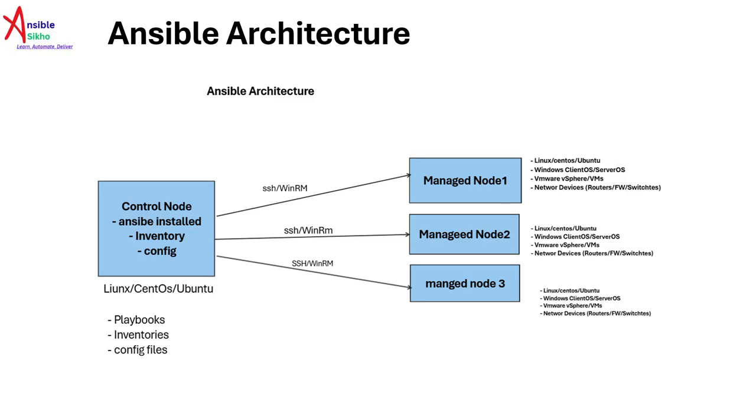We will see the Ansible architecture now. In the Ansible architecture, as I already told you, the control node is nothing but a server where your Ansible package is installed.